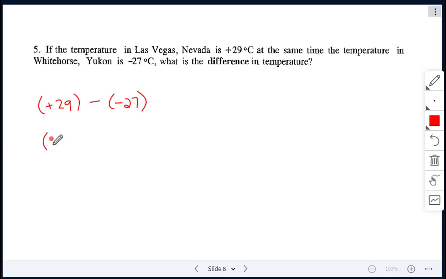So it becomes positive 29 plus positive 27. So you're just adding the two now because it was subtracting a negative. Once you add the two, 29 plus 27, that gives you 56 degrees Celsius. So that's the difference in the two temperatures. There's a difference of 56 degrees.